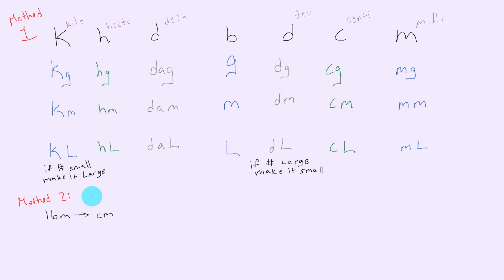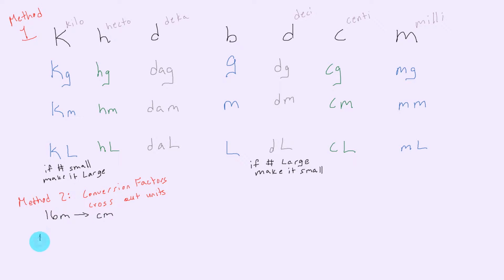Method 2, we're going to use conversion factors to cross out units. So method 1 we use the table, method 2 you can just say cross out units or you're using a conversion factor here.